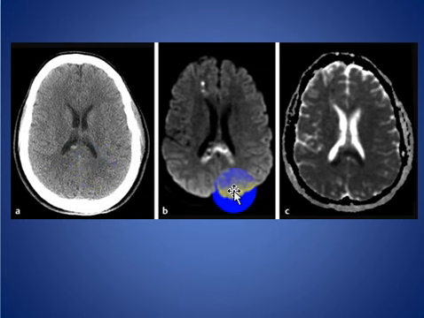With diffusion weighted images and ADC map, there is a restriction of the whole area of the splenium of the corpus callosum, and this is indicating that the patient has a traumatic axonal injury in the splenium of the corpus callosum.